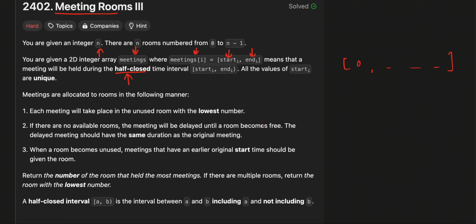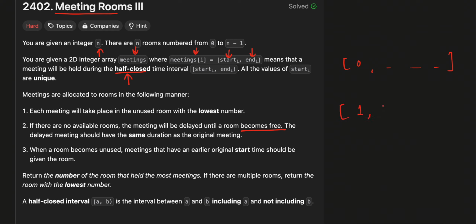If there are no available rooms, meaning all the rooms are occupied, the next meeting will be delayed until a room becomes free. The delayed meeting should have the same duration as the original meeting.